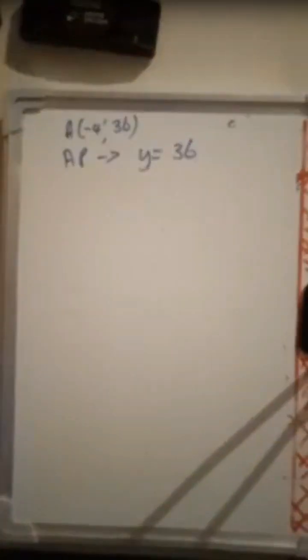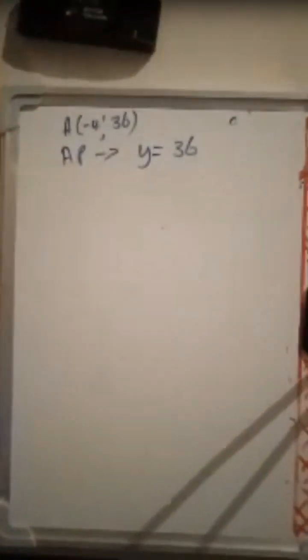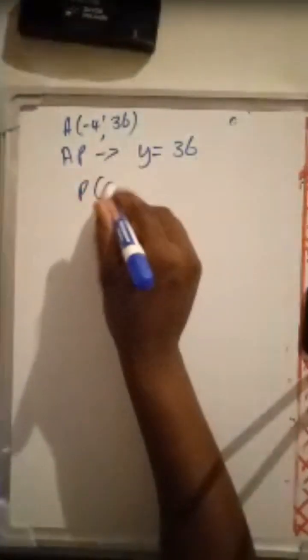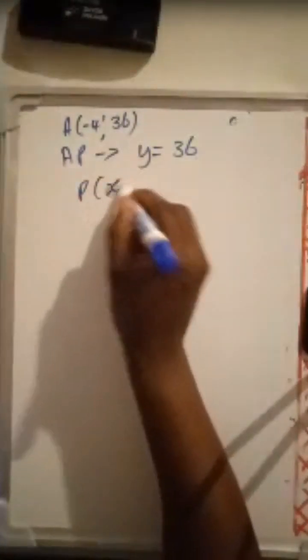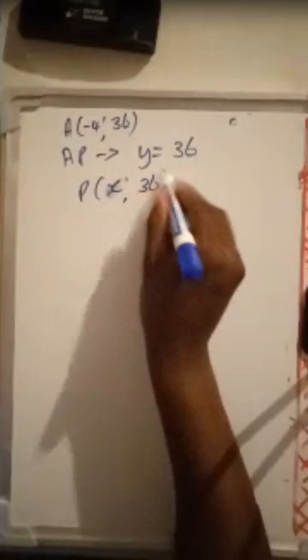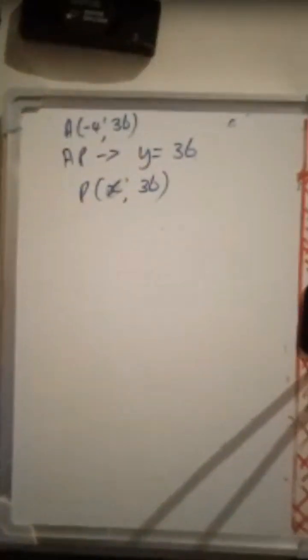All horizontal lines take y equals a certain value. For example, the x-axis is y equals 0. So P already has y coordinate 36 and an x we don't know.